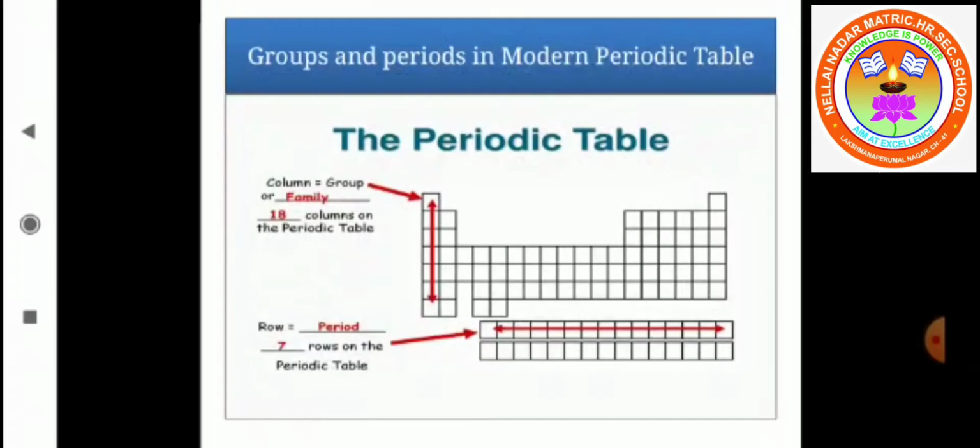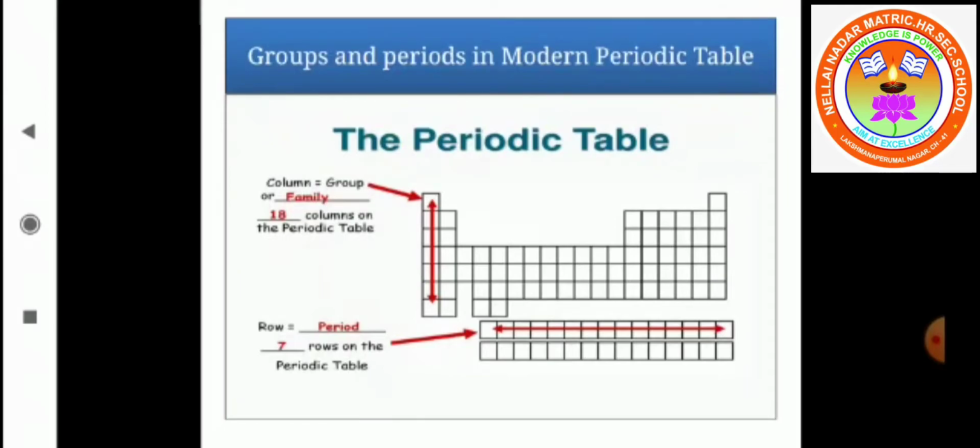So there are 18 groups or 18 families. And the horizontal rows are called periods. We have 7 periods: period number 1, period number 2, like that up to period number 7. Similarly for groups, group number 1, group number 2, group number 3 up to 18.